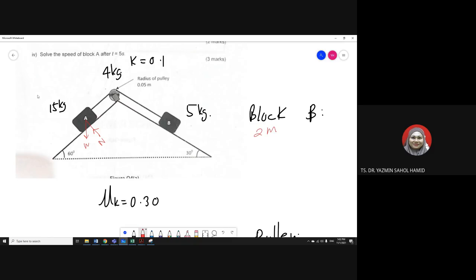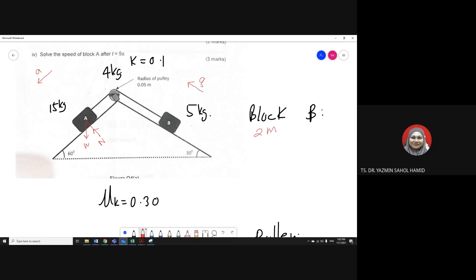Now if we assume block A is going to go down, the acceleration is going down, what will be the acceleration for block B? It will be going up, right? Am I right? Yes. Okay, right now let's assume we do know the acceleration, but if you get the acceleration negative, it means the assumption that you have assumed is the opposite direction. Itu saja. There's nothing wrong with it.